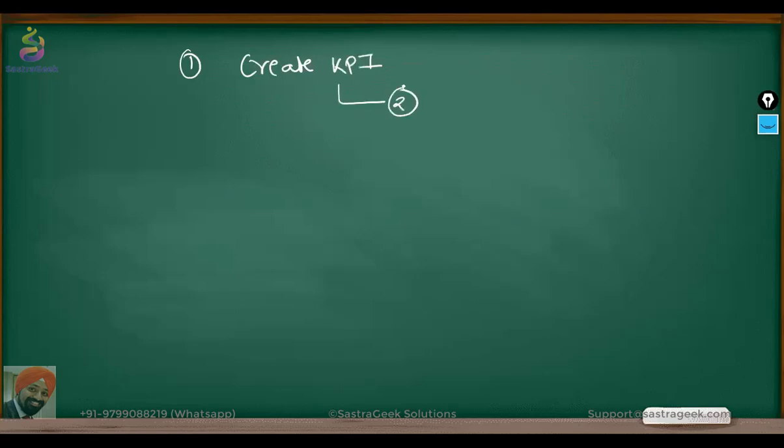The second step would be generate evaluation. Third step would be assign. Now, the next step would be creating drill downs.